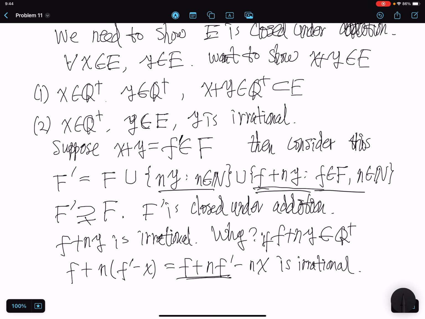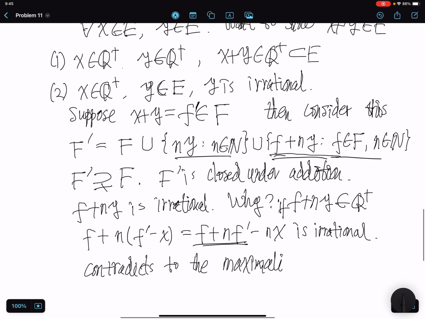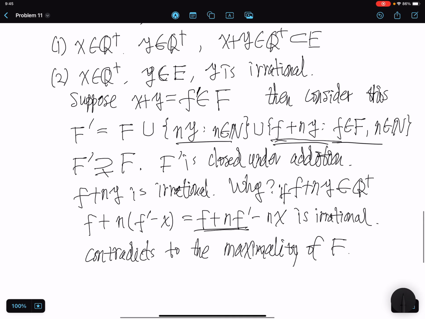So now we have a contradiction. F prime contradicts the maximality of F, because we find a bigger one.